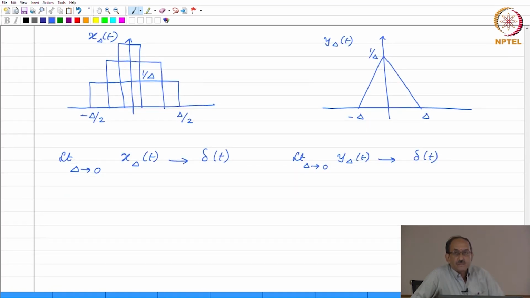Anything else? Hint is signal and its transform, continuous time Fourier transform, your rectangular pulse, right, its transform is sinc.